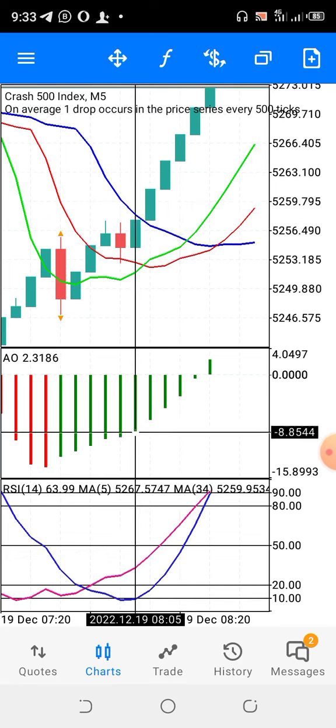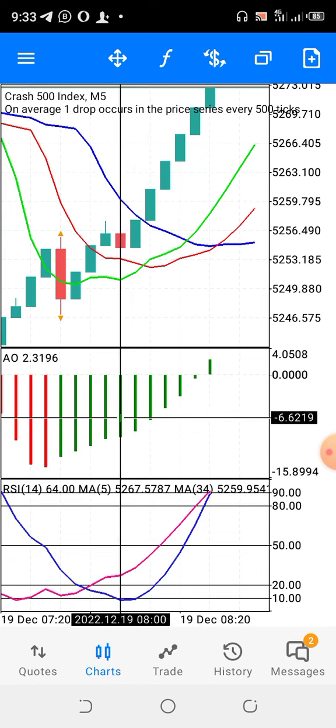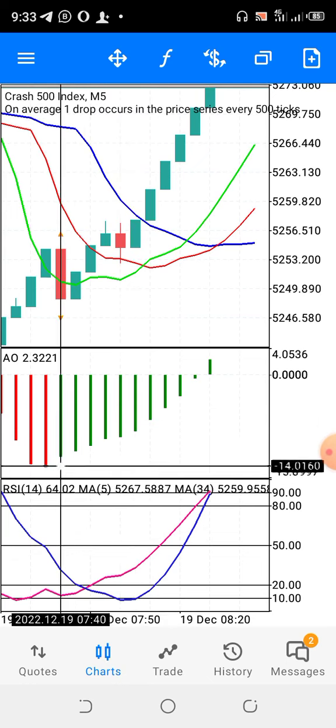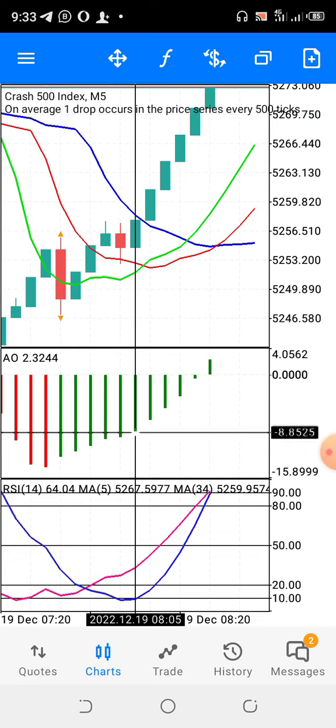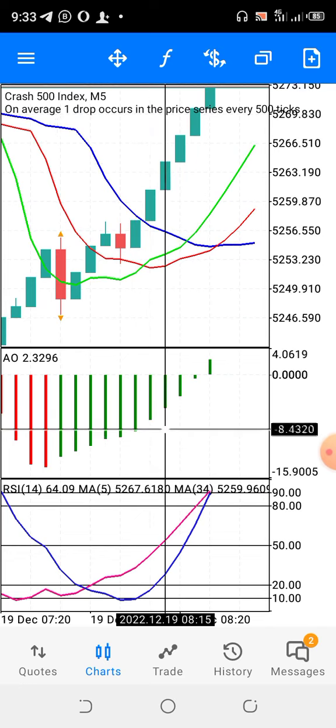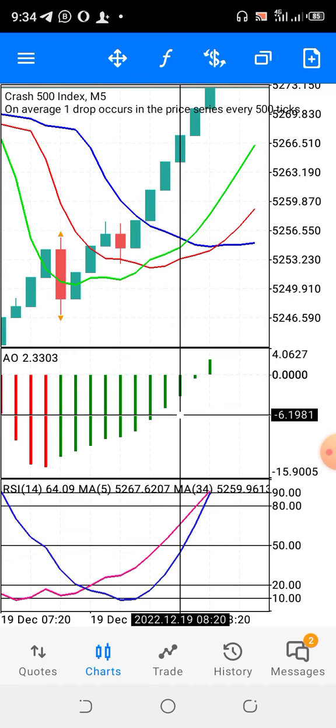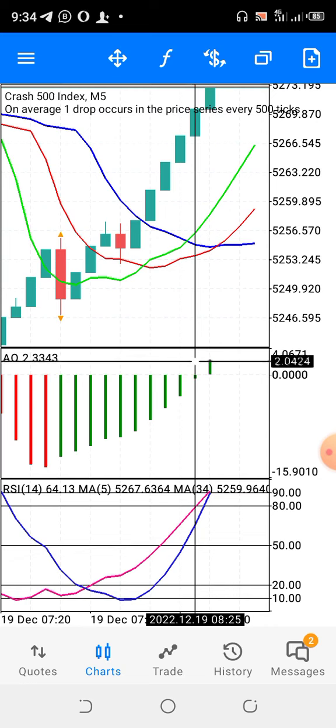The one more thing you wait for is, for scalping, please watch this place. Count 1, 2, 3, 4. If you count 4, then check the other one at the middle.